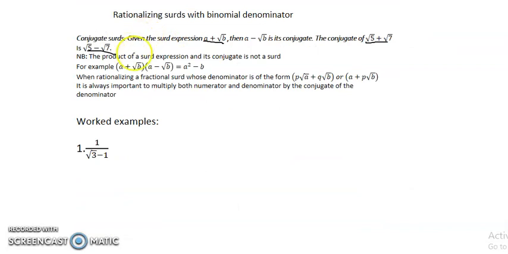So now if we have a plus root of b, multiplying its conjugate a minus root of b, we get a squared minus b. So when rationalizing a fractional surd whose denominator is of the form p root of a plus q root of b or a plus p root of b, it is always important to multiply the numerator and denominator by the conjugate of the denominator.